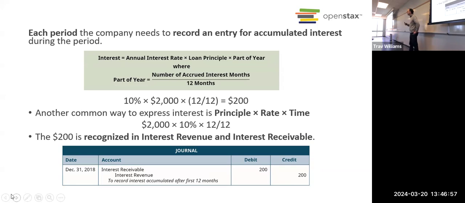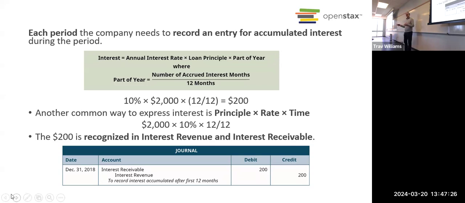Okay. And then to calculate how much interest has accrued, it's a pretty simple formula. You take the principal, the amount that the customer owes, times the interest rate. Notice it's an annual interest rate. And then times the period of time that we're actually covering. So if it's a year, it would be just times 1.